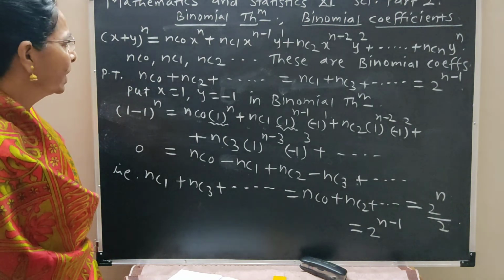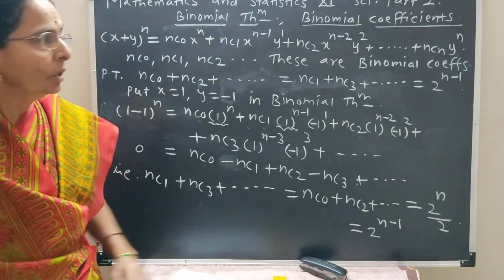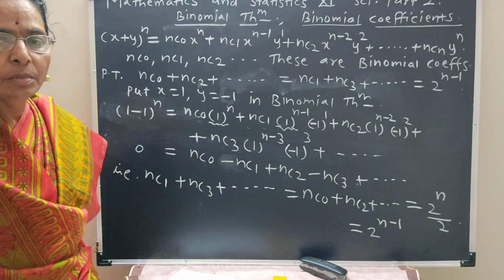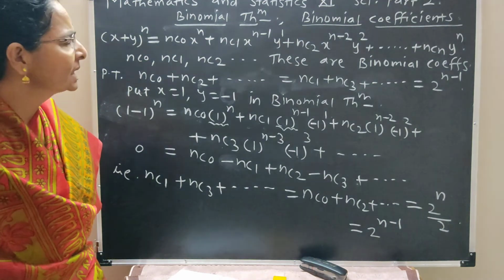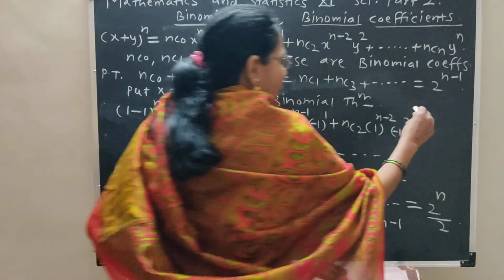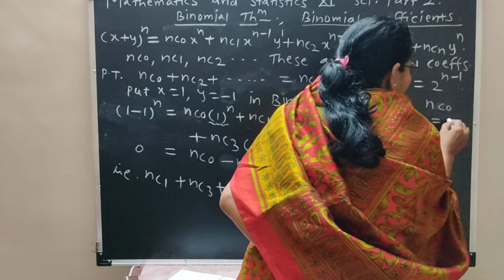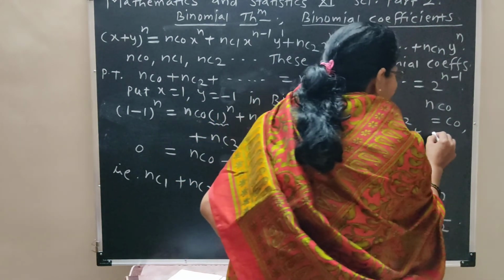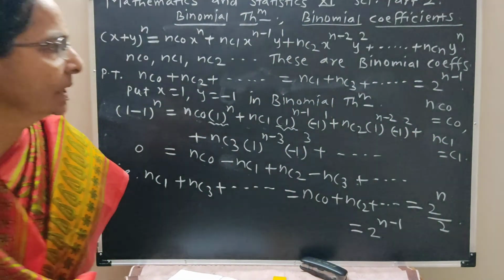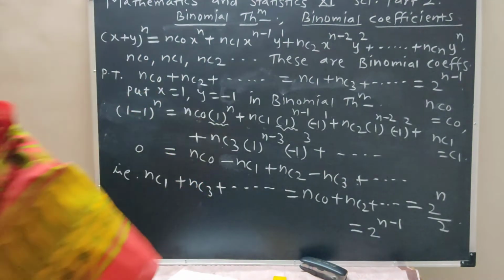Always remember the sum of all these terms, nC0 plus nC1 plus nC2 and so on, is 2 raised to n. That formula we want to use in the examples. Similarly, sometimes nC0 is written as C0 only, and nC1 is written as C1 only. Remember, this is very important. Similarly, all the terms.